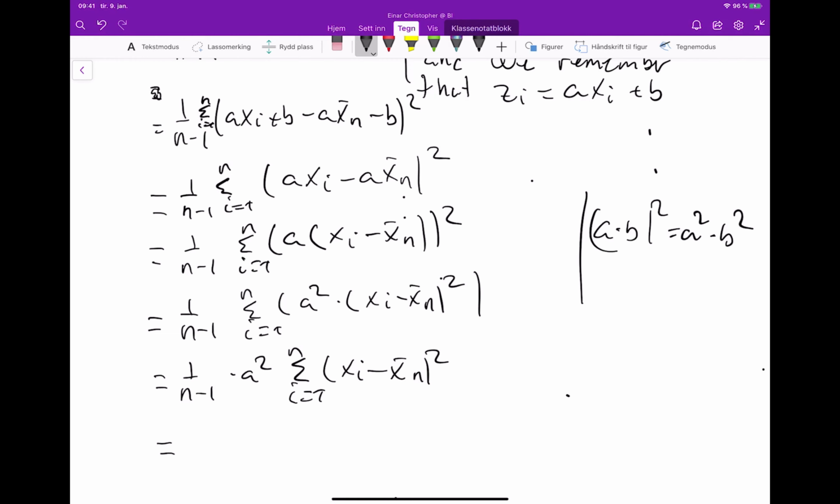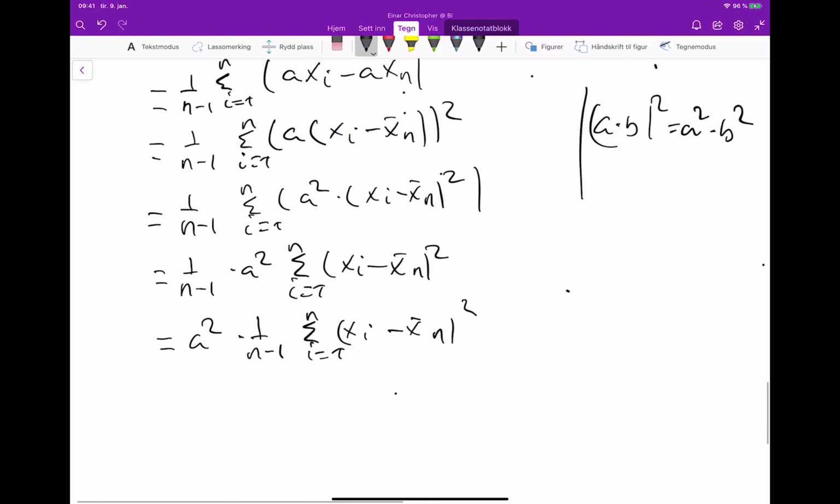And if I just change a little here, a in the power of 2 times 1 divided on n minus 1. This is no problem. 3 times 2 is the same as 2 times 3.